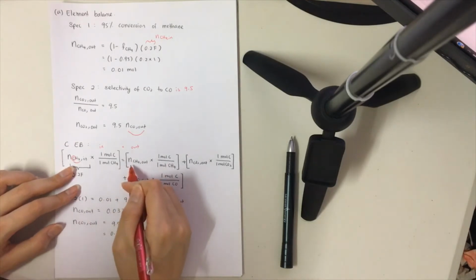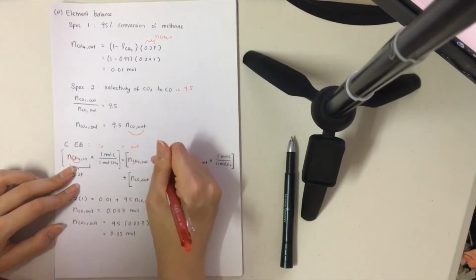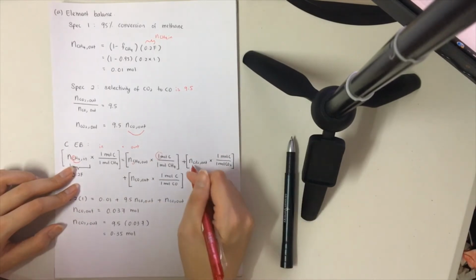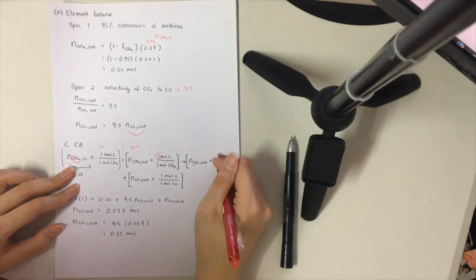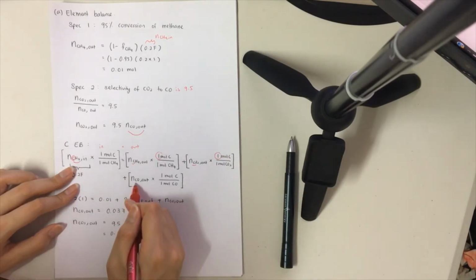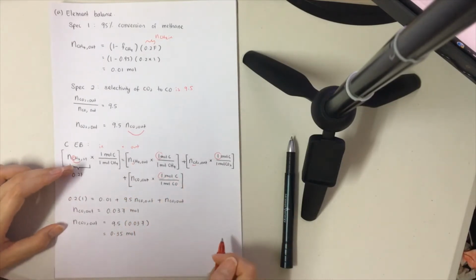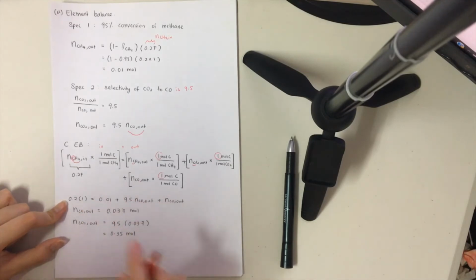So whatever comes out, you have CH4, the number of moles of CH4 coming out. C, only 1, so 1 over here. And you also have CO2 coming out. You only have 1 C here, so 1. And number of CO coming out, so that's 1 carbon. Simplify and put in the values.